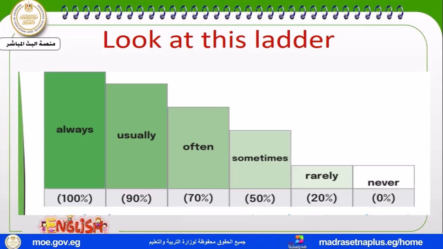For example, I always brush my teeth. I brush my teeth every day. I always wear my school uniform. I always sleep early at night. This means that we do this every day.